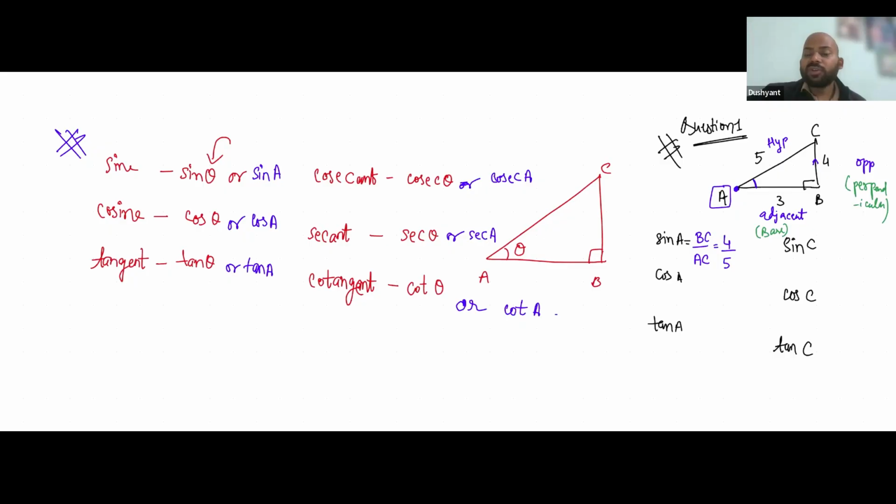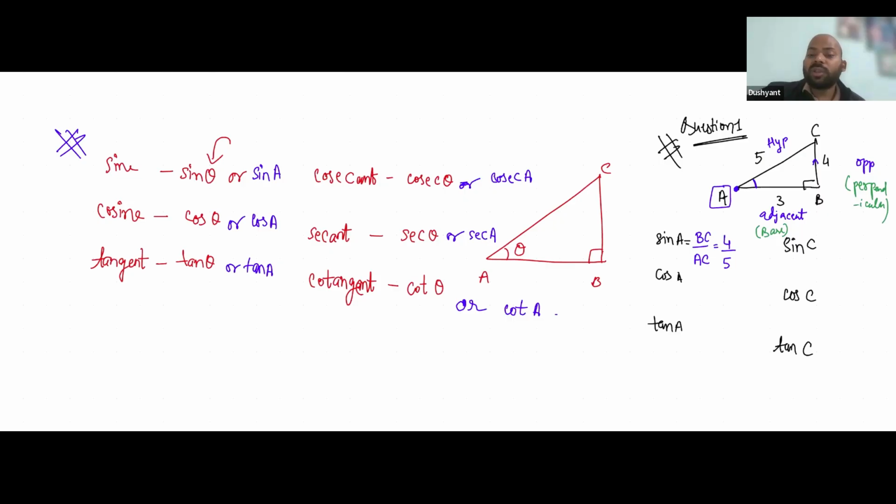If I take angle A, the side opposite to angle A is BC, and the adjacent side is AB. So sine A is opposite over hypotenuse. Opposite is BC and hypotenuse is AC. The answer will be 4/5.